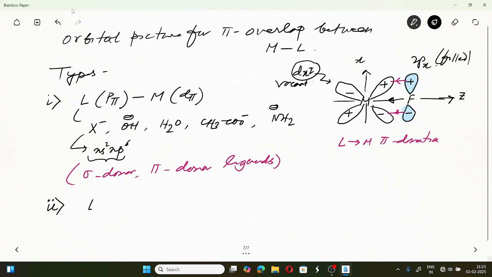Now the second type, that is a ligand d pi orbital and metal d pi. Now what type of ligands? They will have d pi orbitals.